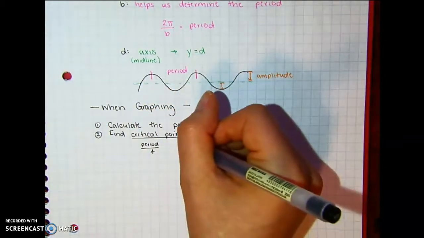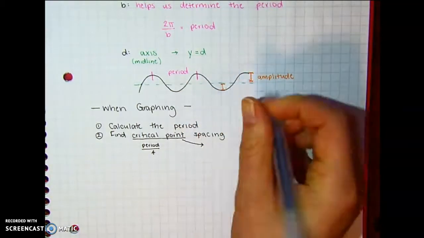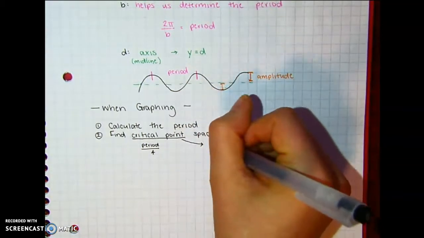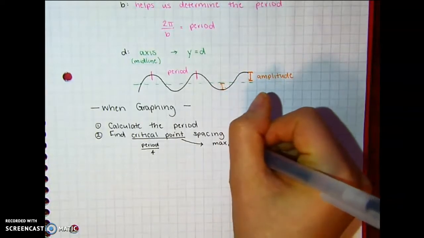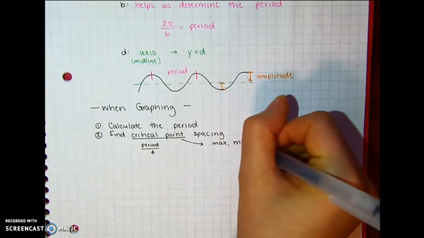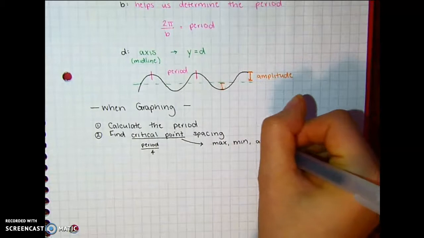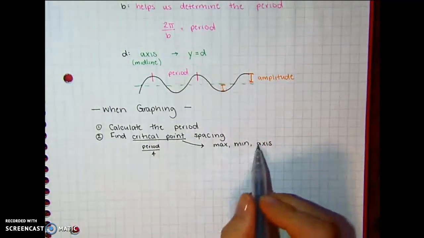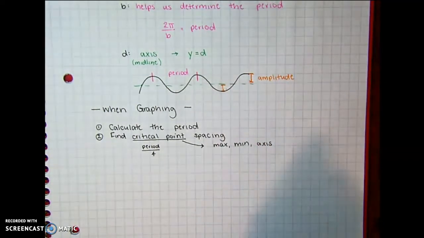And when I say critical points, I mean you need to be plotting a max and a point at your minimum and the axis. I guess I should have said max, axis, min. We'll show you that in a second.